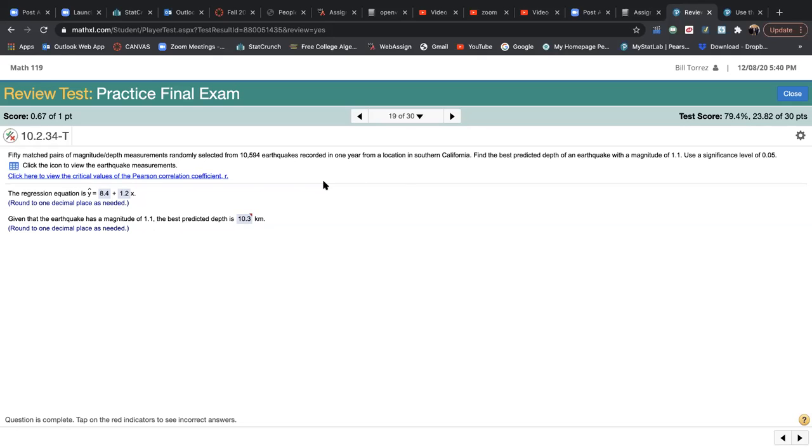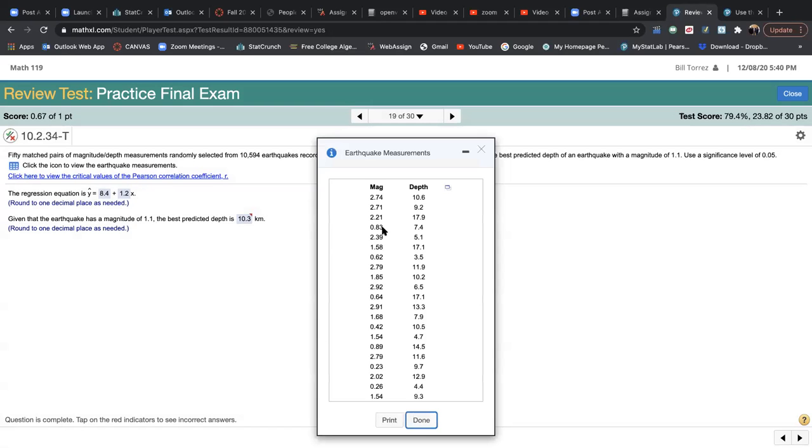Okay. Find the best predicted depth of an earthquake with a magnitude of 1.1. Okay. So let's go back to the data here.